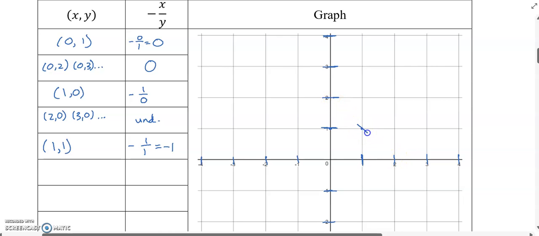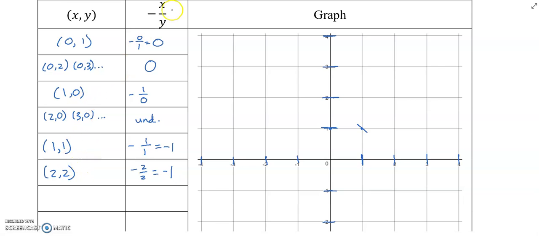Again, this is a local linear approximation. We can try (2, 2), and that's going to give us the same negative 1 value. In fact, anytime x equals y, we're going to get negative 1 for our slope. So every single point on the line y equals x will have a slope of negative 1.